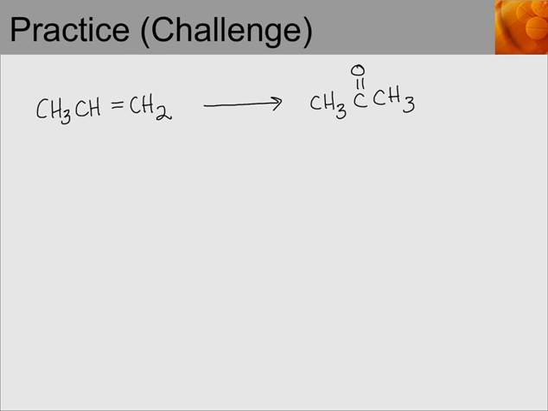So see if you can figure out the different steps you would have to take to get from the alkene to the ketone. And it should be somewhat similar to what we just did. So feel free to pause the video. When you're done, you can unpause and we'll go over it together.